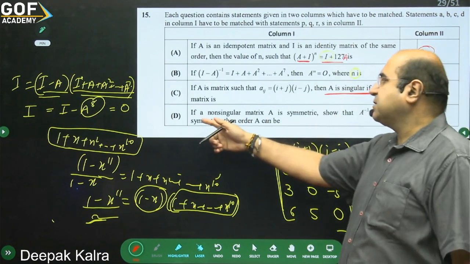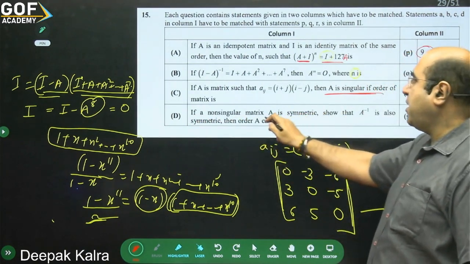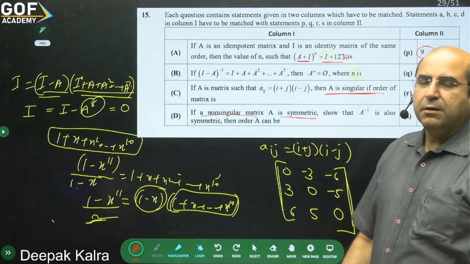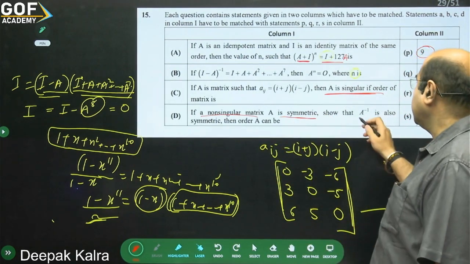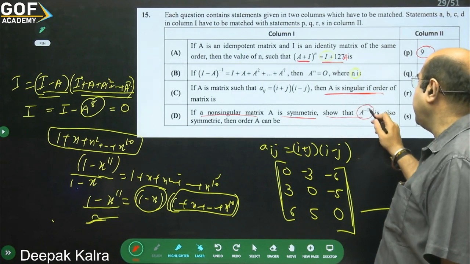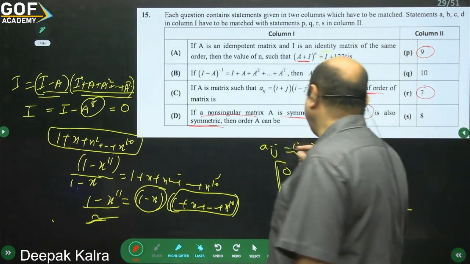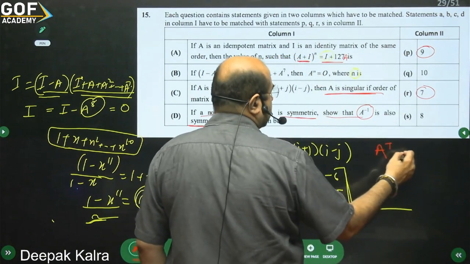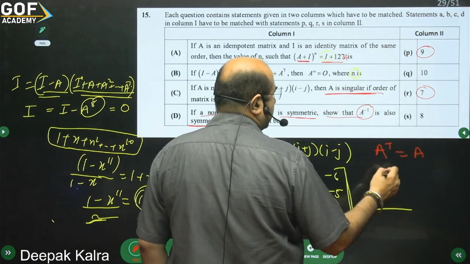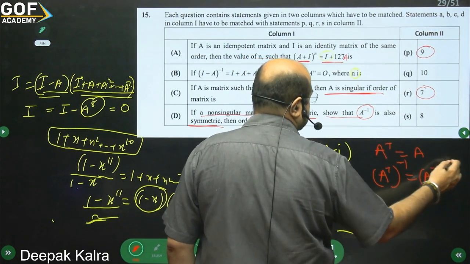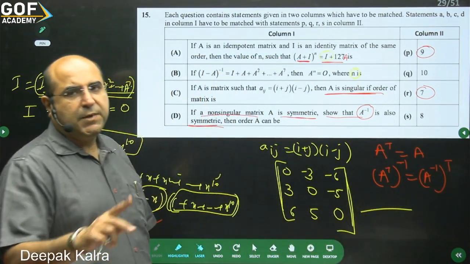Moving to the next. Non-singular matrix A is symmetric. Could be any matrix. Show that A inverse is also symmetric. Obviously, you know that when a matrix is symmetric, A transpose should be equal to A. When you do A transpose inverse, it is nothing but A inverse transpose. Makes no difference.